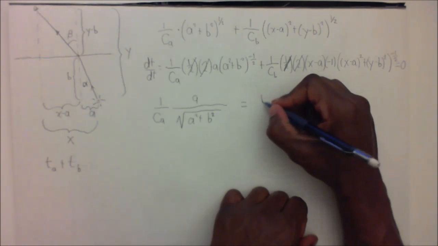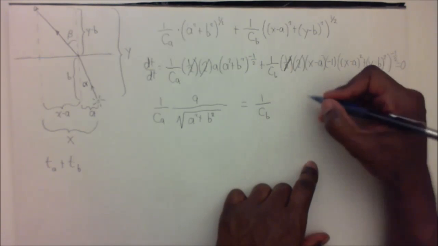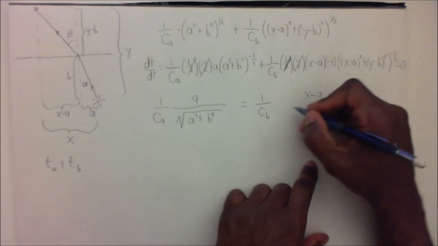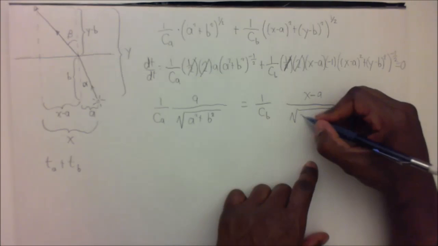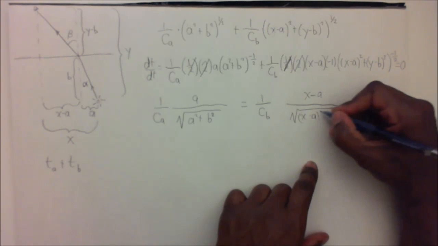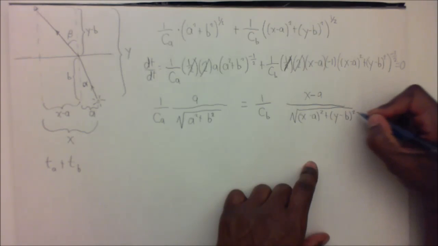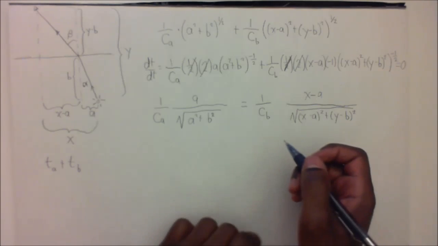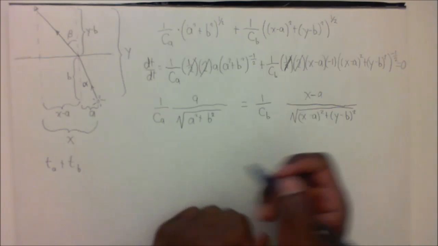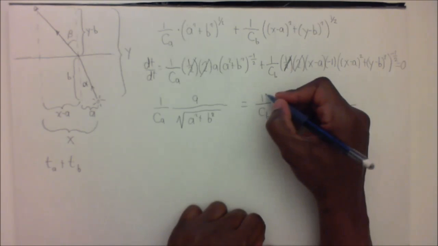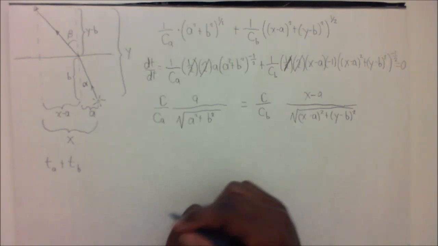So it's going to be 1 over c sub b times x minus a over the square root of x minus a squared plus y minus b squared. Now that we have that, I'm just going to multiply both sides by the speed of light, which is just c.